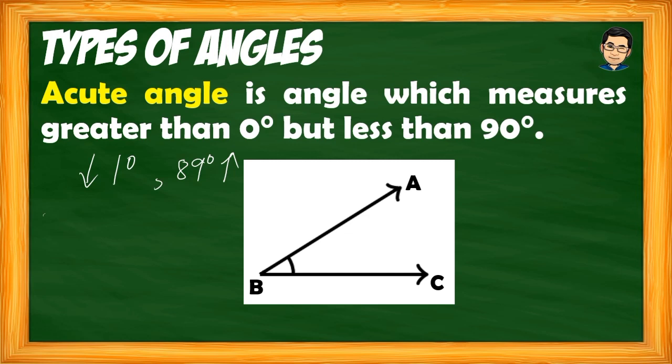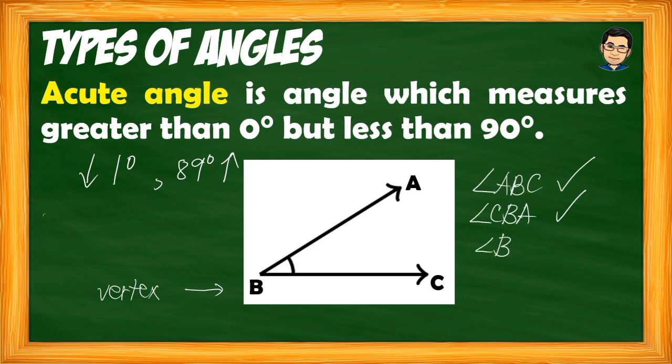So, yung vertex po natin is point B. So, pwede natin pangalanan tong angle na to as angle ABC. What else? Angle CBA. Or, using the vertex, angle B.